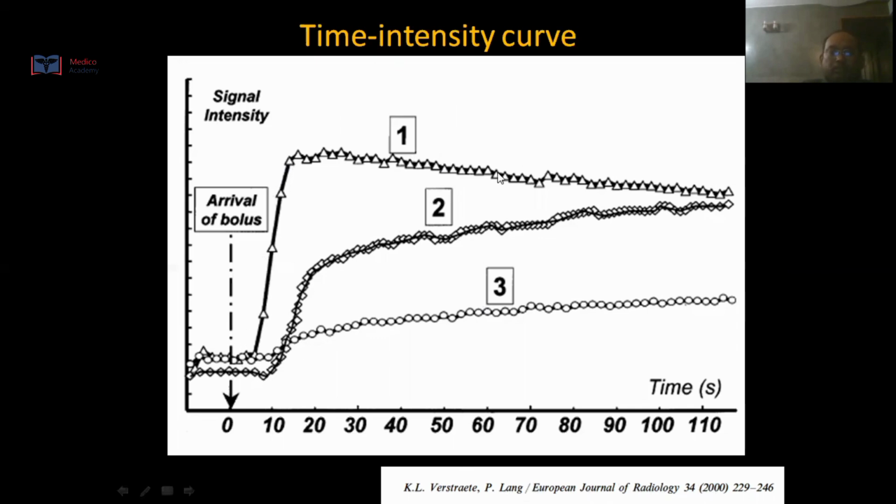This is the type 1 curve, where there is early enhancement and early washout as well. In the type 2 curve, there is gradual enhancement, and the enhancement remains, whereas in the type 3 curve there is a very gradual enhancement. So the type 1 curve indicates a malignant lesion, whereas type 2 and type 3 are benign lesions.